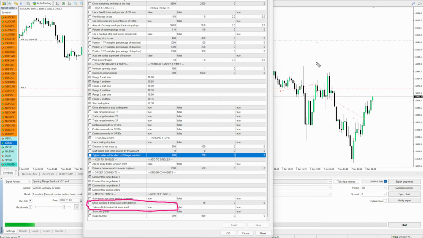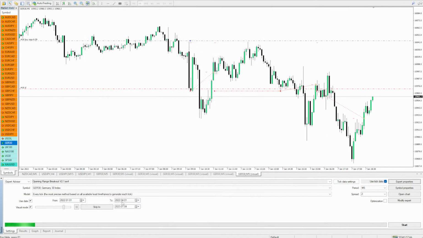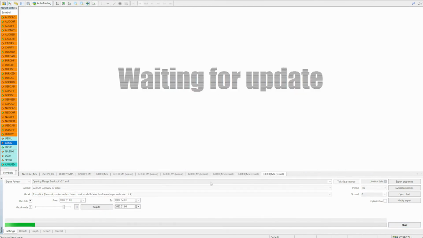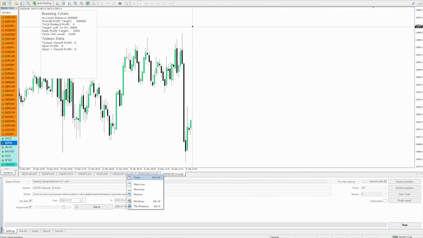So when we get 3 opening ranges like that, we will have 3 pending orders on an opening range high break. What this is going to do when we get those trades on is make us an absolute fortune. So we'll let this one run for a little bit, and you'll be able to see it running for a few days with lots of choppiness, lots of massive range breakouts.